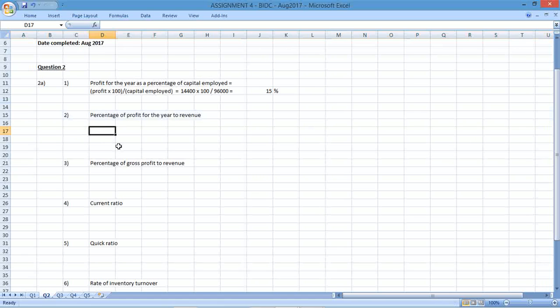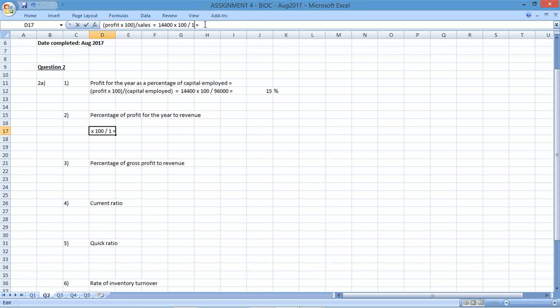The next equation is percentage of profit for the year to revenue. So here I'm going to have revenue as my denominator. I'm going to still have the same numerator, except the denominator is now sales or revenue. My profit stays the same. The only difference is my sales figure, which I need to find from the question.